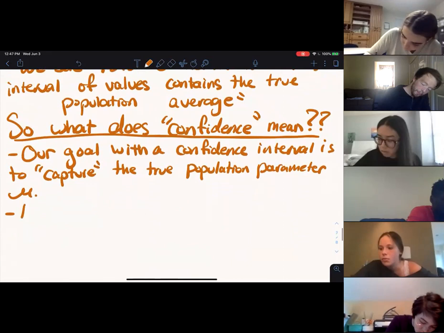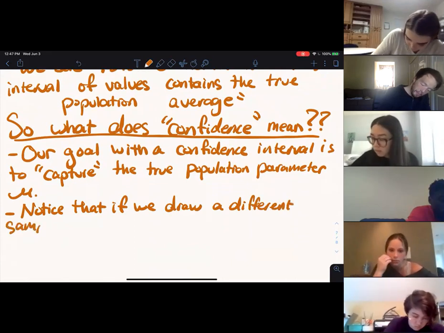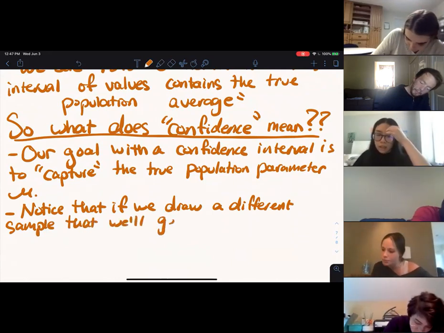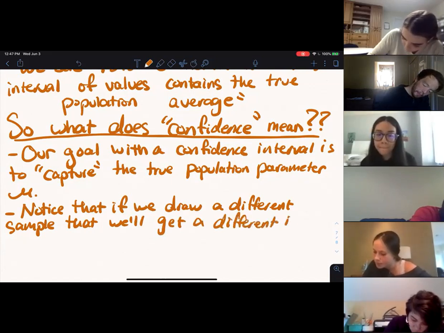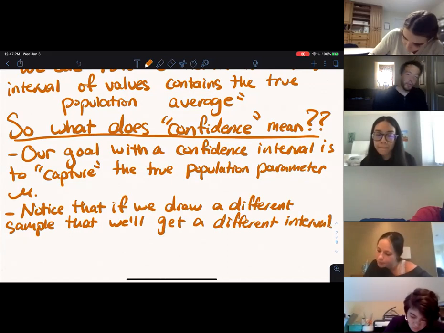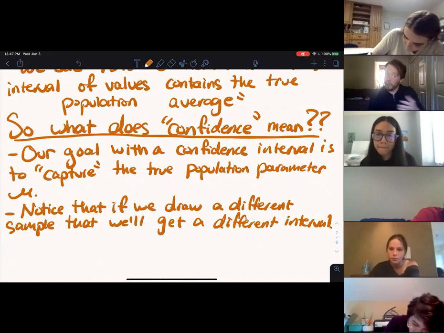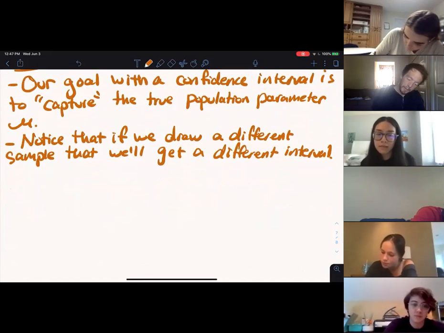And notice that if we draw a different sample, we'll get a different interval. So just like with our x bar, if we drew a different sample, we would get a different x bar. Well, if we drew a different sample, we would also get a different confidence interval. So what does confidence actually mean?